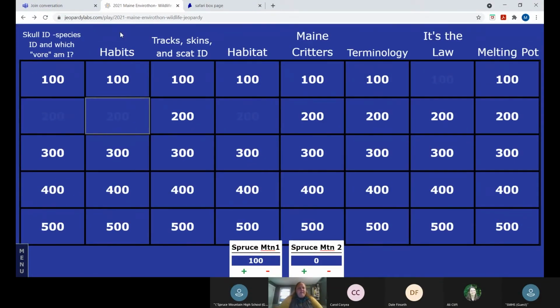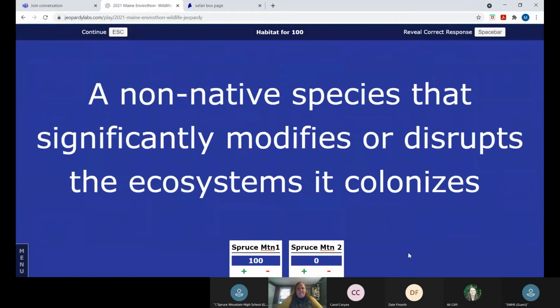All right, Spruce Mountain 1. Can I please do habitat for 100? Okay. So this is a term they're looking for.